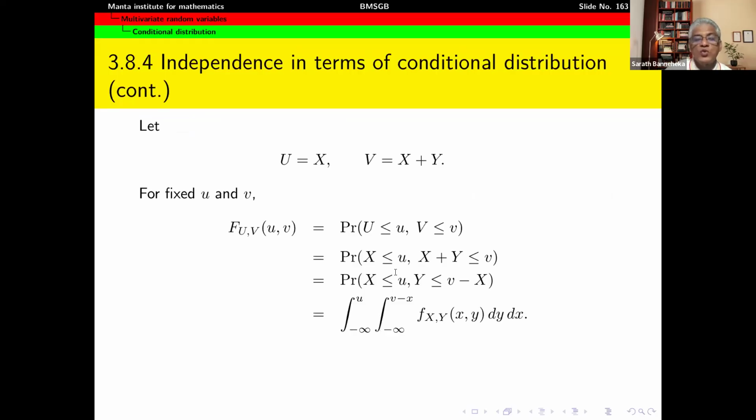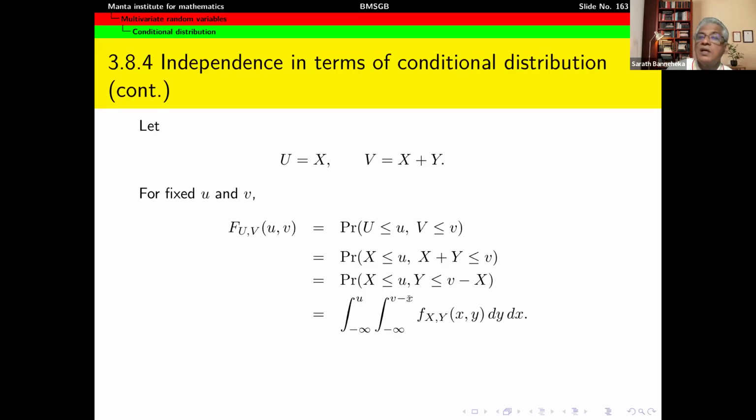So the integration should be like this, in general, because we are not considering a particular density function here. Theoretically, we have to integrate from negative infinity, if you're considering integration with respect to y first, from minus infinity to v minus x, for a given fixed value of x.